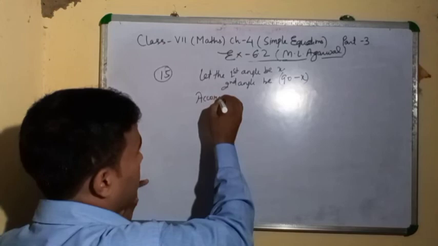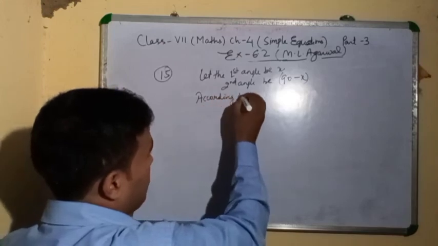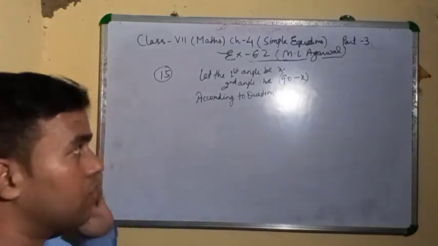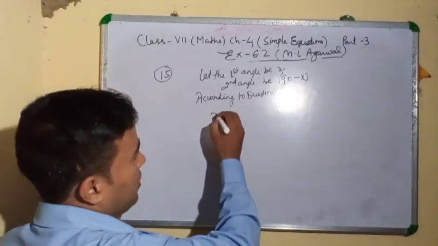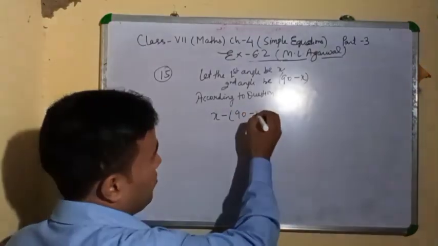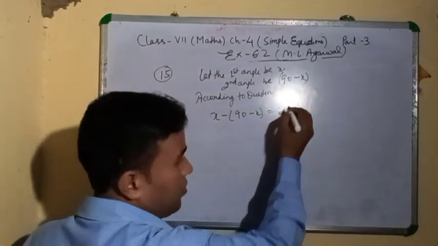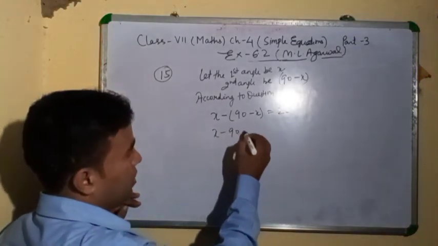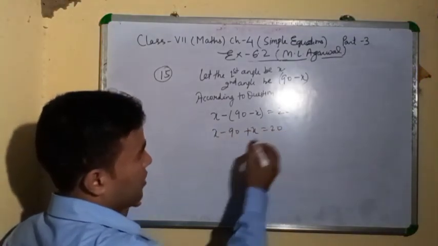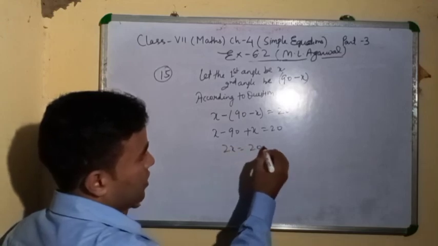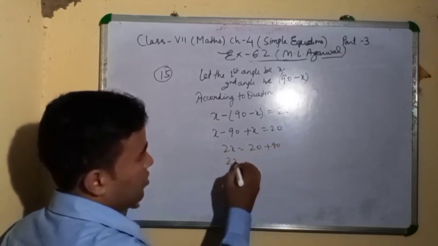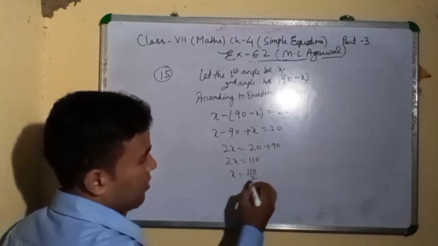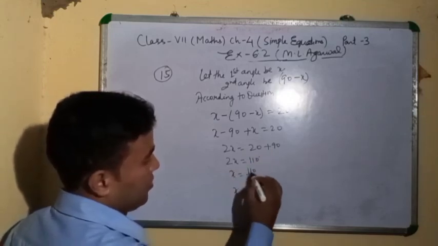According to the question, differ means x minus (90 minus x) equal to 20. Clear? Then x minus 90 plus x equal to 20. 2x equal to 20 plus 90. 2x equal to 110. x equal to 110 by 2 equal to 55.